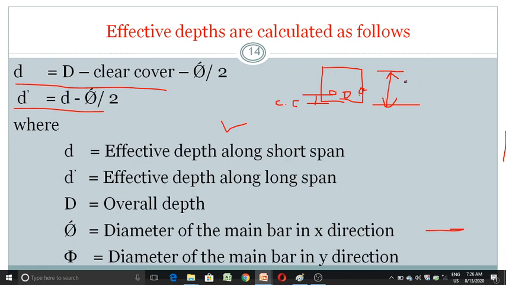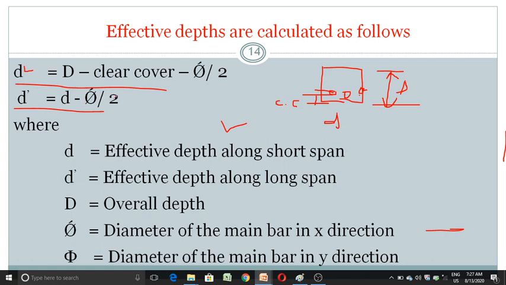So if you have to calculate the effective depth of the slab, that is small d equal to overall depth minus clear cover, and half of the diameter is also deducted. Then we know the effective depth along the X direction. It is easy to calculate in the Y direction: d dash is the effective depth in the X direction minus the diameter of the bar.